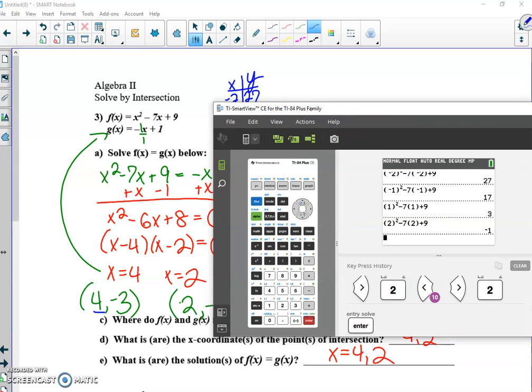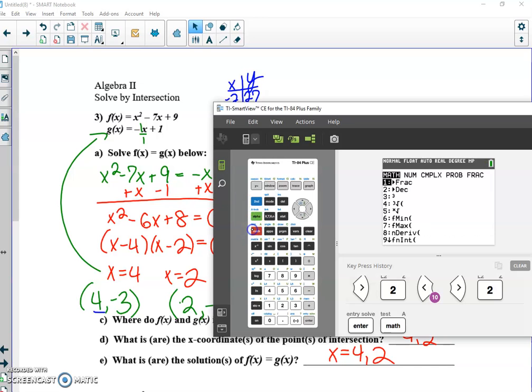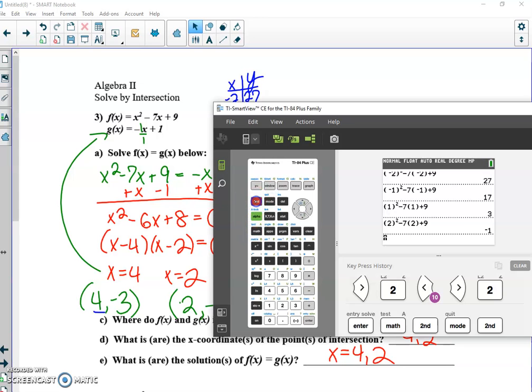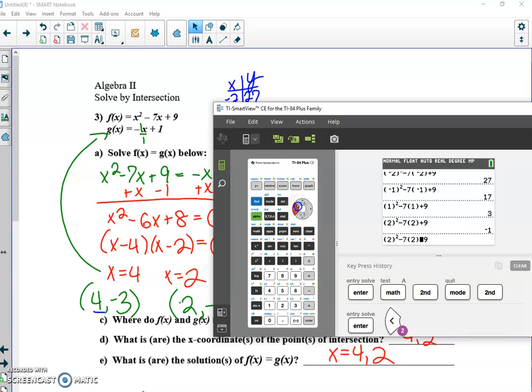Okay, something is wrong. Oh, I'm touching it with my pen, that's why. This is what happens when you try to digitally learn, guys. Actually, let me just do a 3 as well. Okay, so 3 is -3, and then last, let's do 4, just to verify that we did it right.